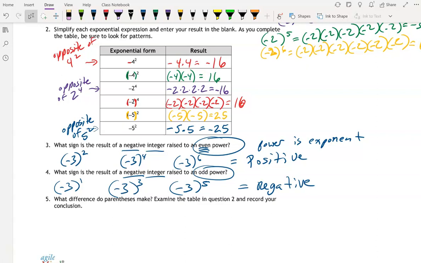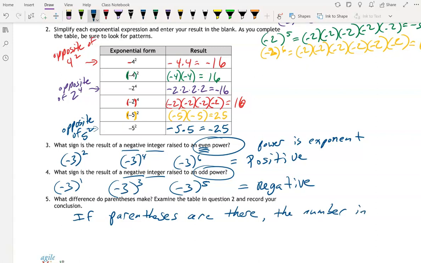It's important that we understand the difference that the parentheses make, because if the parentheses are there, the number inside is a negative number. And when you raise that number to a certain number of powers, it'll make a difference whether it's going to be positive or negative.